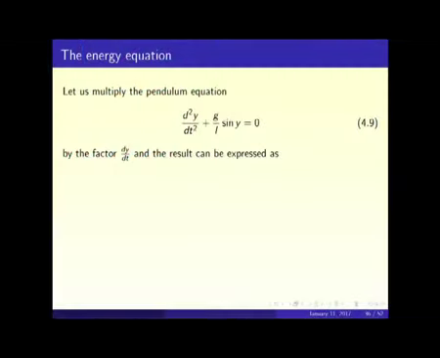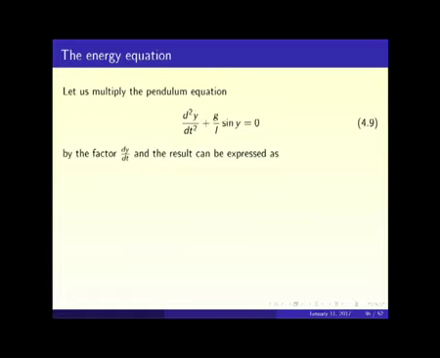If you differentiate y dash squared, you are going to get 2y dash y double dash. Look at the next term, sine y into y dash. How do you get sine y into y dash? You differentiate minus cos y. If you differentiate minus cos y, you will get exactly sine y into y dash.